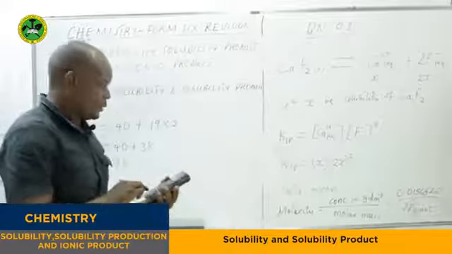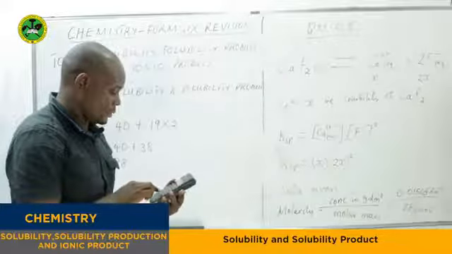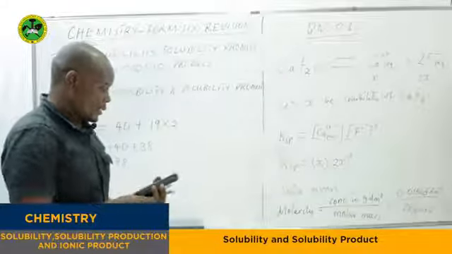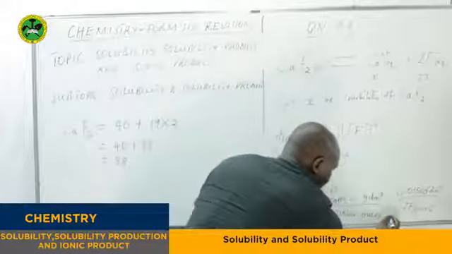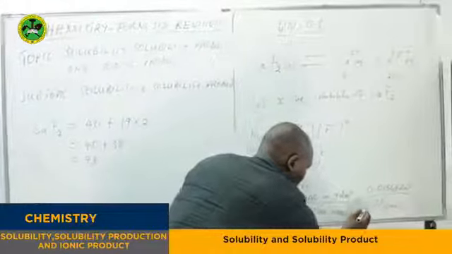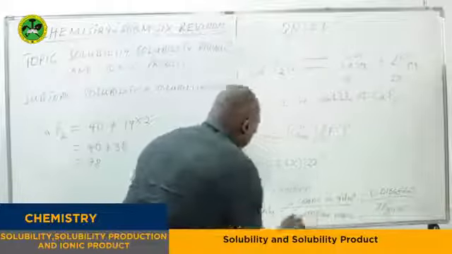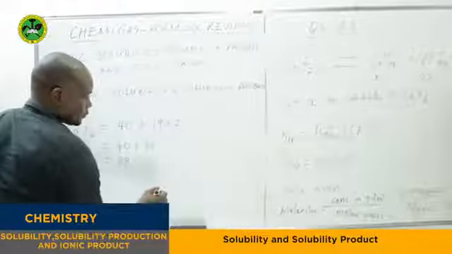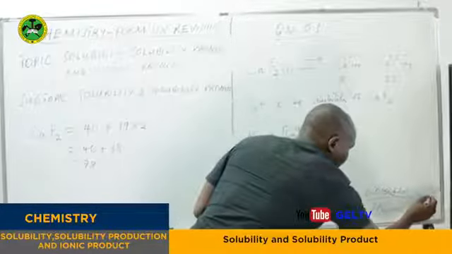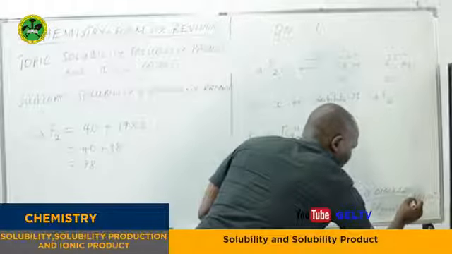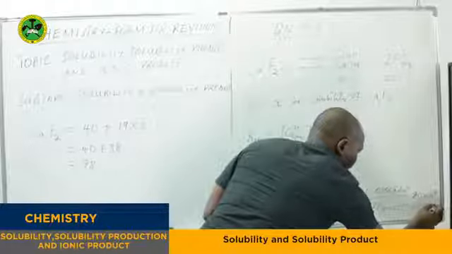Taking 0.0156 divided by 78, the answer is 2.0 times 10 power negative 4, and the unit is moles per decimeter cubed.